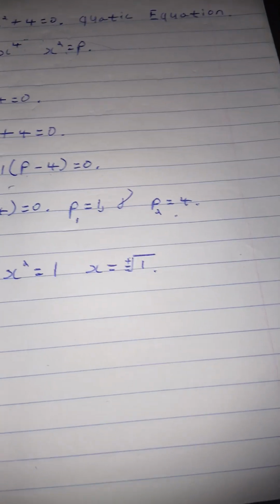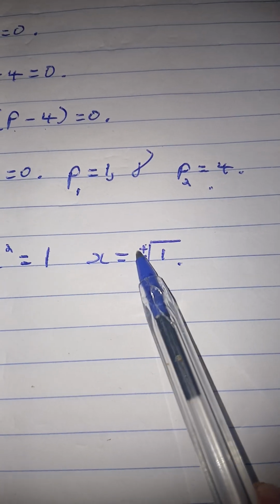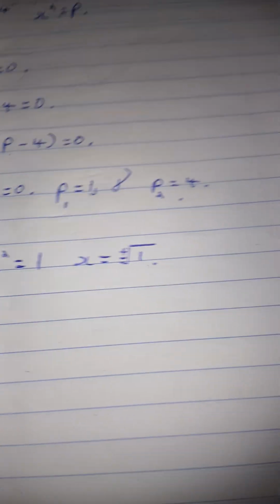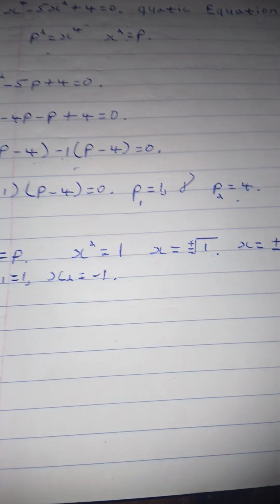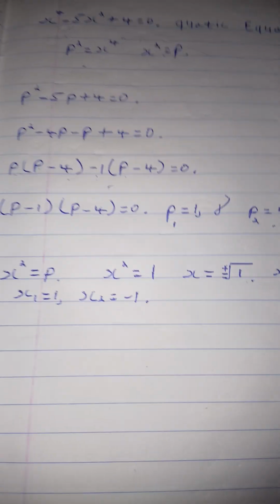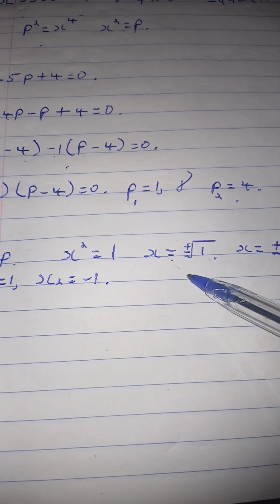If you take the square root of both sides, x is equal to plus or minus the square root of 1, and x is equal to plus or minus 1. That means my x1 is equal to 1 and my x2 is equal to minus 1.